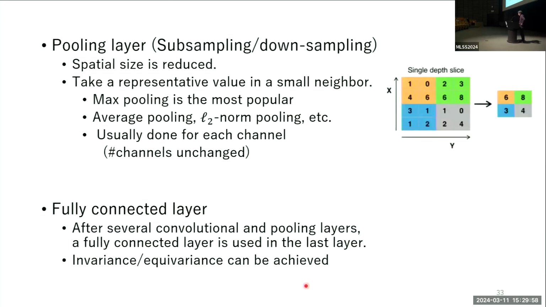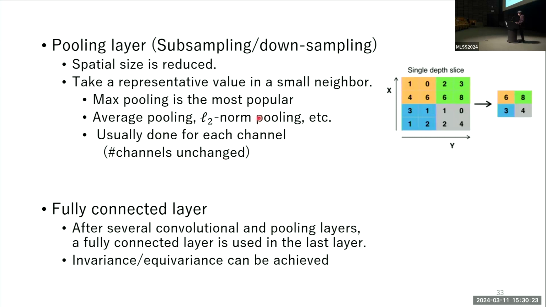And it is also very popular that after taking the convolutional layer, people often apply a pooling layer, the aim of which is to take subsampling or downsampling to shrink the dimensionality of the expression.